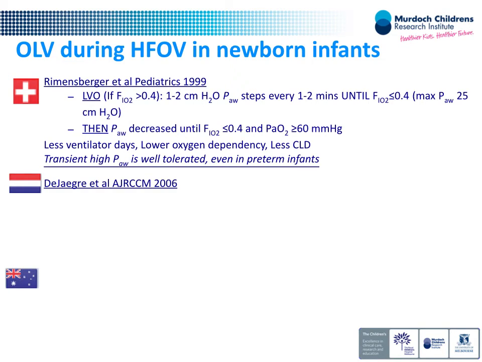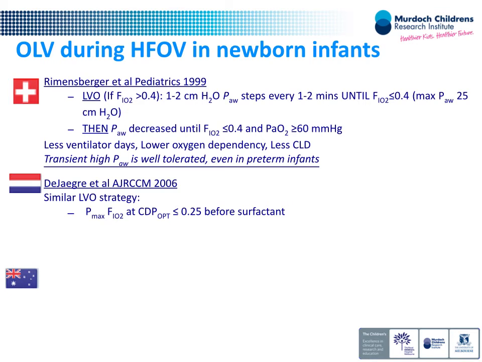So then, my animation's gone totally crazy here. Then Anton reported in 2006 a similar strategy of lung volume optimization using a similar set of pressure steps and then a similar set of pressure decreasing steps, but no maximum mean airway pressure.